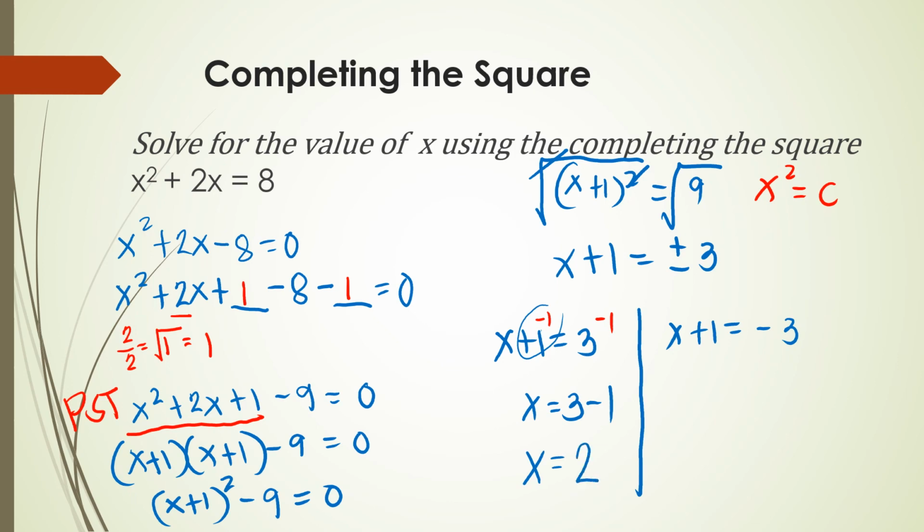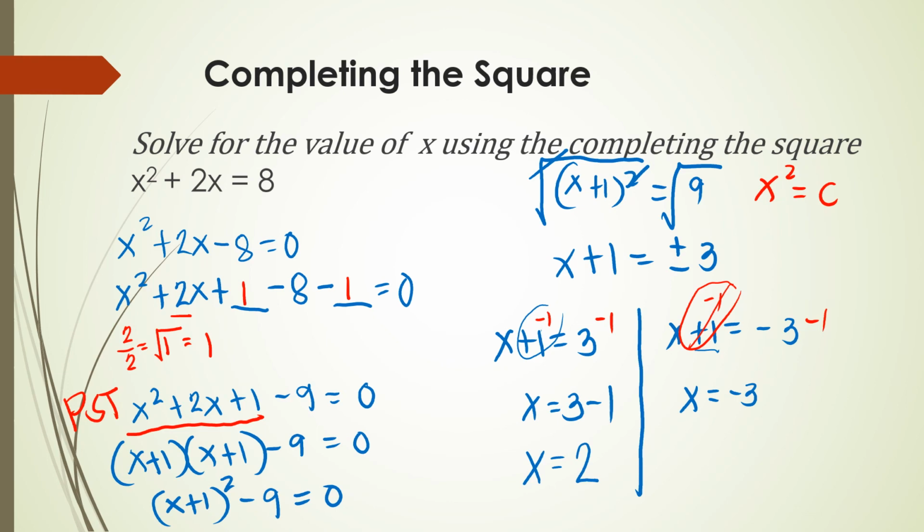Okay? On the other side, so you have x is equal to negative 3. So, you have 1 here plus 1. On the other side, using the addition property of equality, ganun lang din ulit, magma-minus tayo ng 1 minus 1. So, this part, mawawala na to. Magiging 0 na siya.